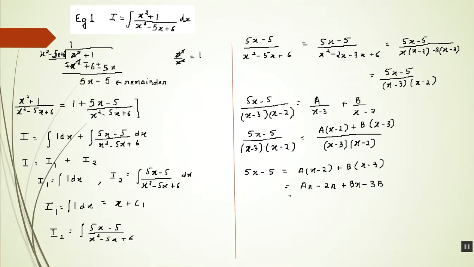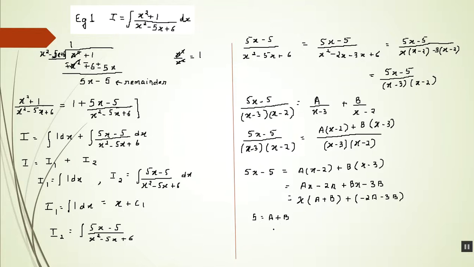Okay, now I take the coefficients of x, so x into (a plus b), right, and I take the constants, I'll get minus 2a minus 3b. Okay, now I compare the coefficients of x. Therefore, I'll get 5 is equal to a plus b.